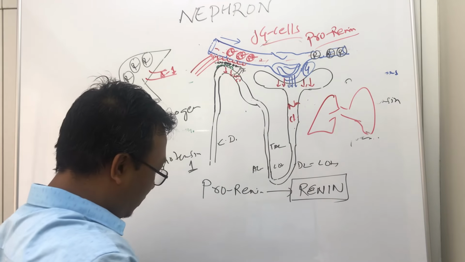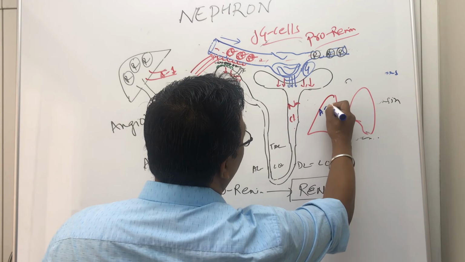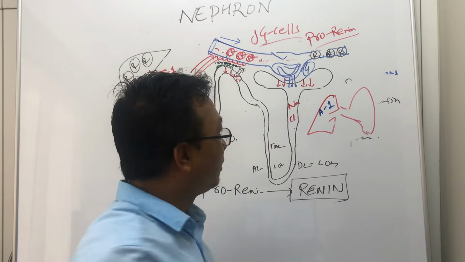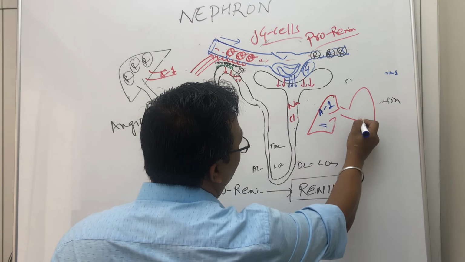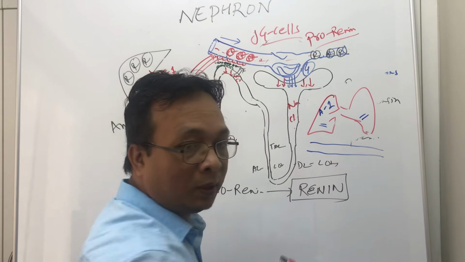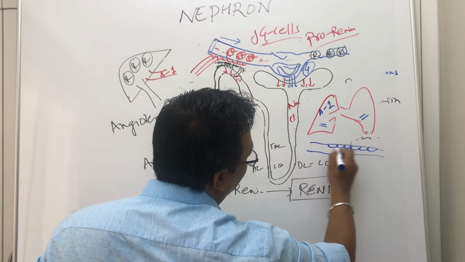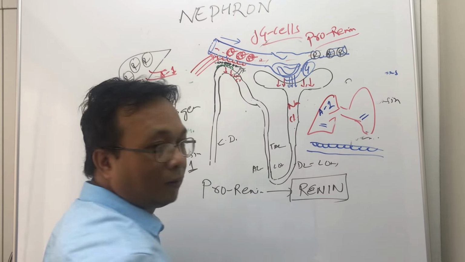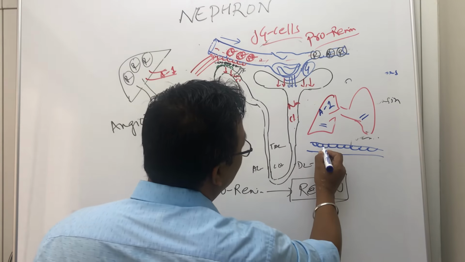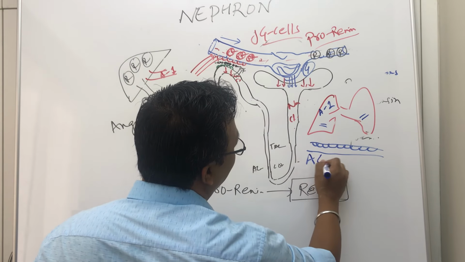In the lungs, when this angiotensin 1, A1, reaches the blood vessels present in the lungs, the endothelial cells found in the capillaries of the lungs secrete an enzyme called angiotensin converting enzyme, ACE.